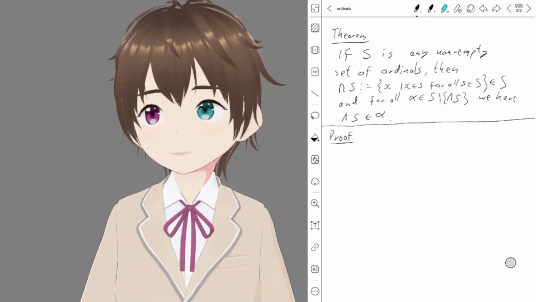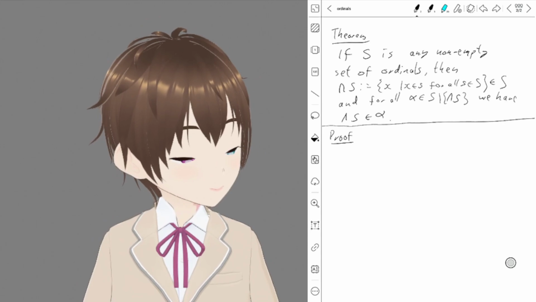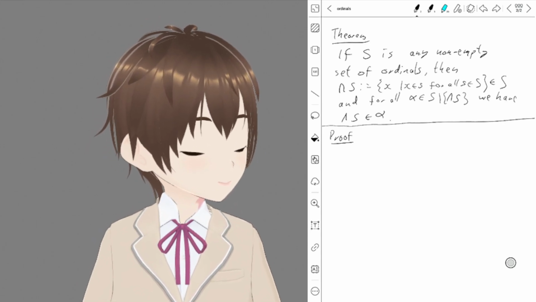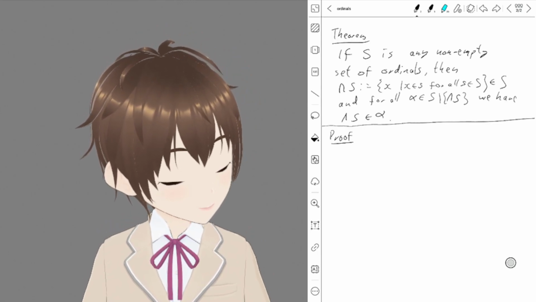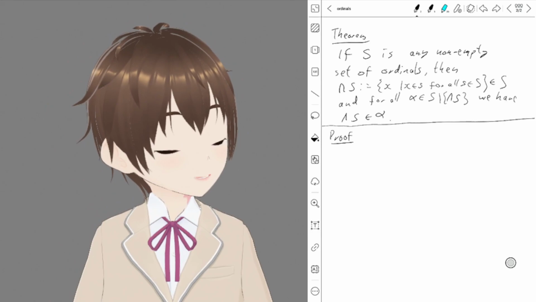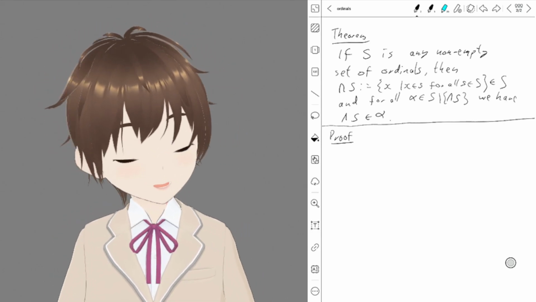So this requires a bit of setup. First, I'm going to take an arbitrary element of capital S and show that it contains the intersection as long as it's not equal to it.